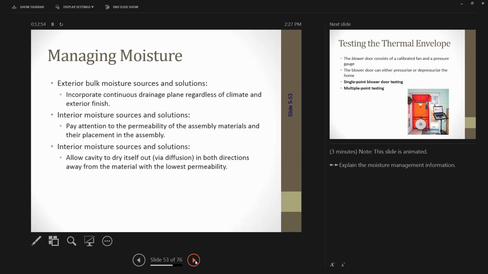If we're in southern Georgia and it's 110 degrees outside and 90% relative humidity, but it's 68 degrees inside and 50% relative humidity, where's the moisture going to go? From outside to in.